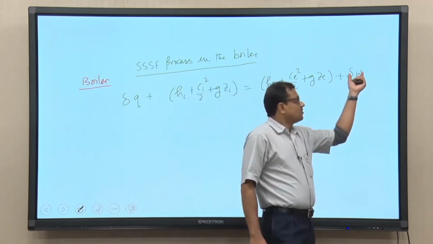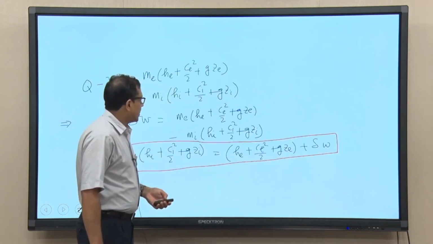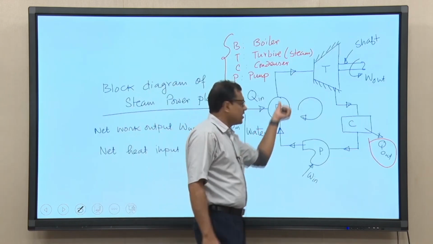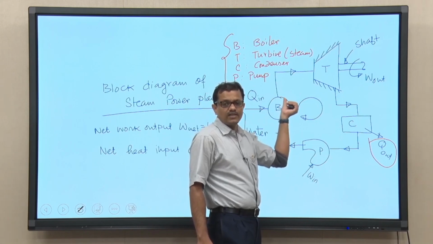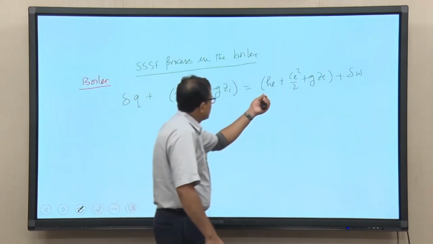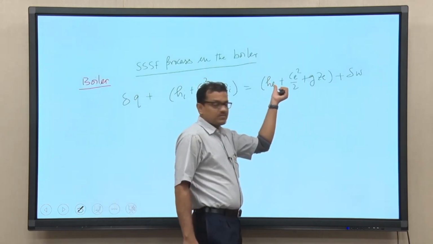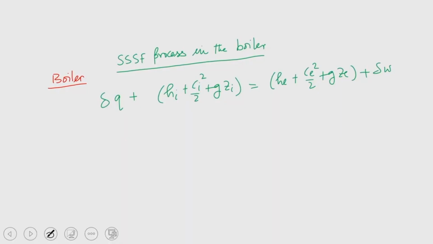You may argue that while water is flowing through the steam, we need to do work to maintain the flow in the presence of pressure, but that work has already been considered in the term H E. Since there is no work done by the control volume, this term is equal to 0. That is why the boiler is not a work interacting device; the control volume does not do any work.